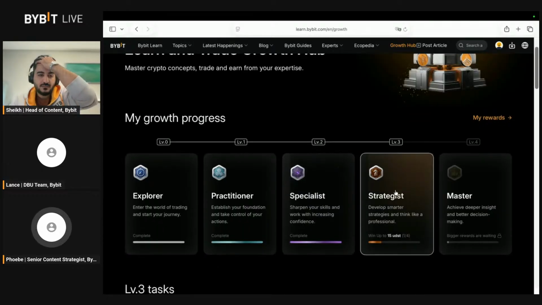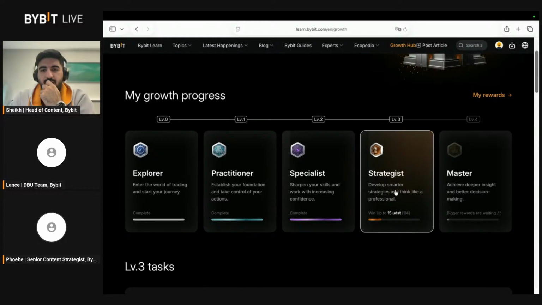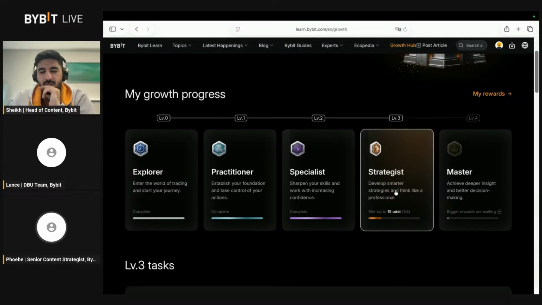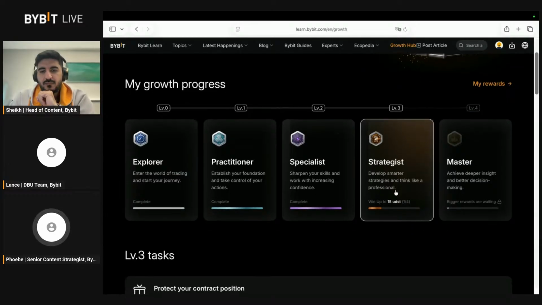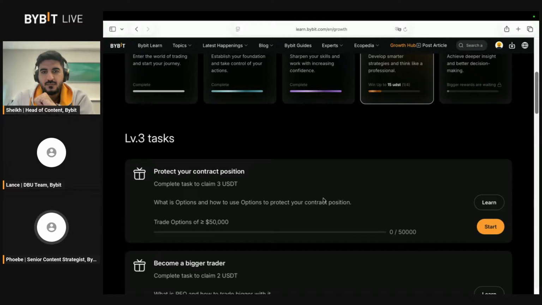And the next level is level 3. This is for advanced traders, for users with solid trading experience who are ready to operate at a professional level. We want you to trade with real strategy and full control. You are no longer just reacting to the market, but managing positions using more advanced tools, and also thinking about risk adjusted returns.